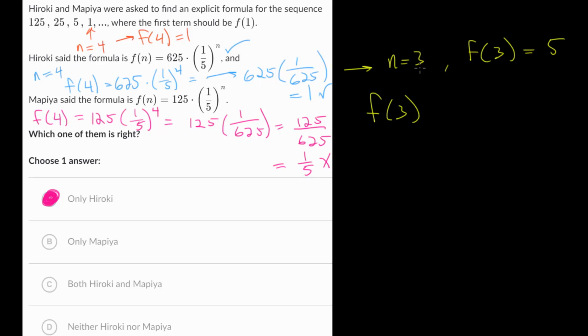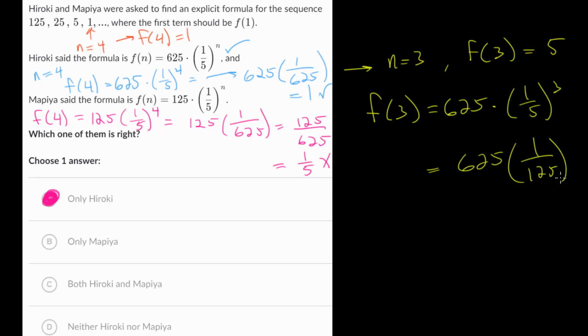Plugging it into Hiroki's formula, we get 625 multiplied by 1 over 5 to the 3rd power, and this would be 1 over 125. So we have 625 over 125, which is 5. And that's what we expected. So for testing 2 different values, you can see that this definitely worked. And so we can feel confident that choice letter A is the correct answer.